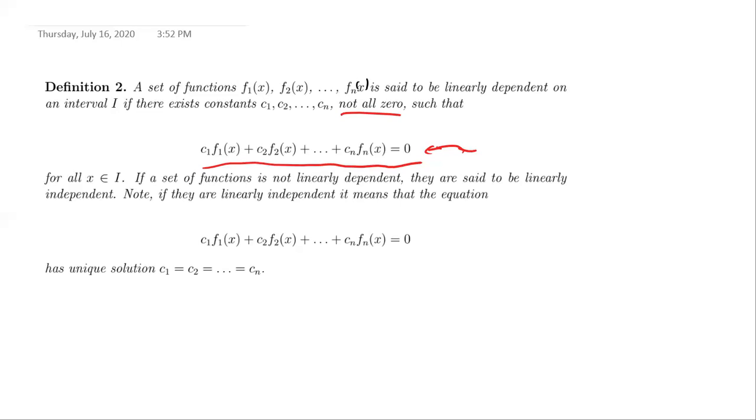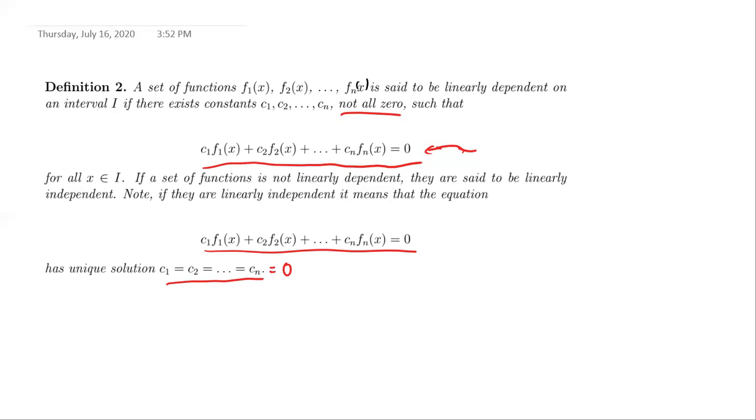A set of functions is linearly independent on an interval if this equation, the same equation as before, has solutions if and only if all the constants are zero. I forgot to write that equals zero there.